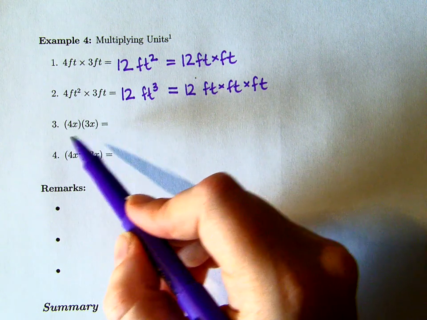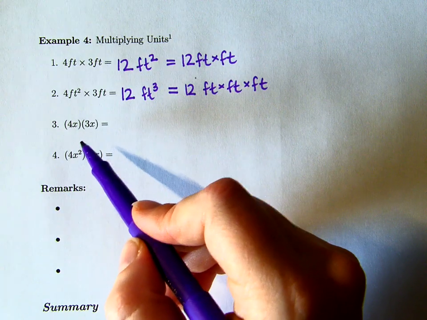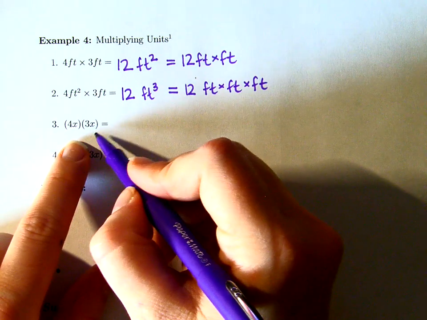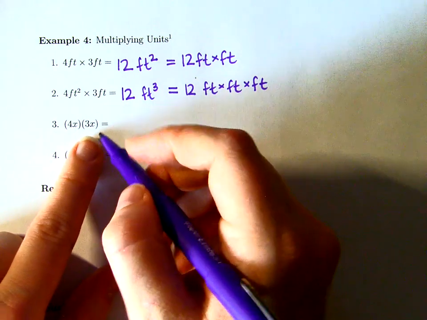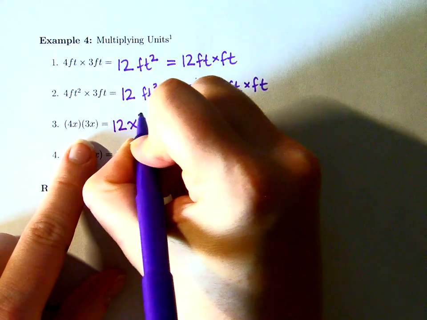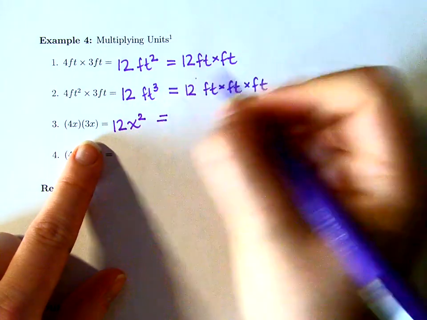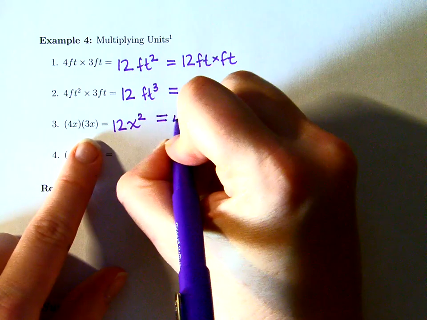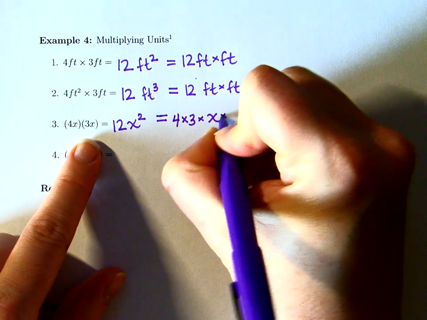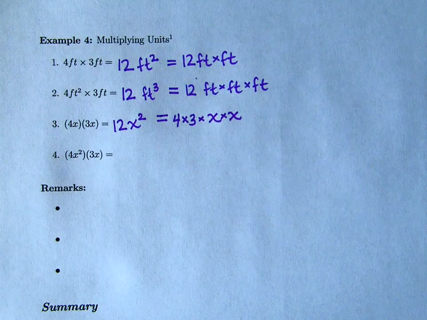So even in that case, there would still be a 2 by 2 in here. So here, 4 x's by 3 x's is 12x squared. Or if you prefer to rearrange this, 4 by 3 by x by x.